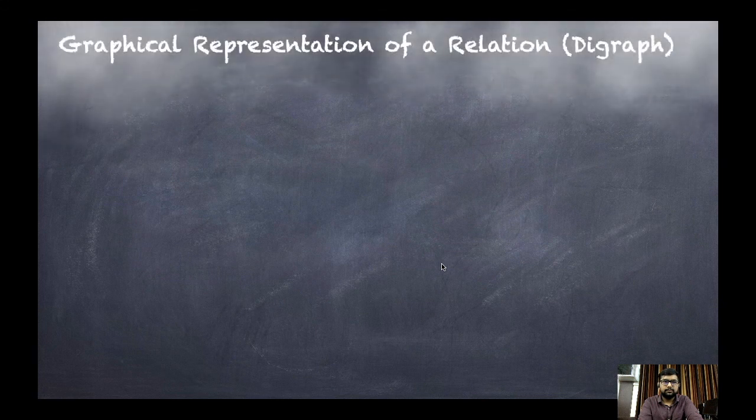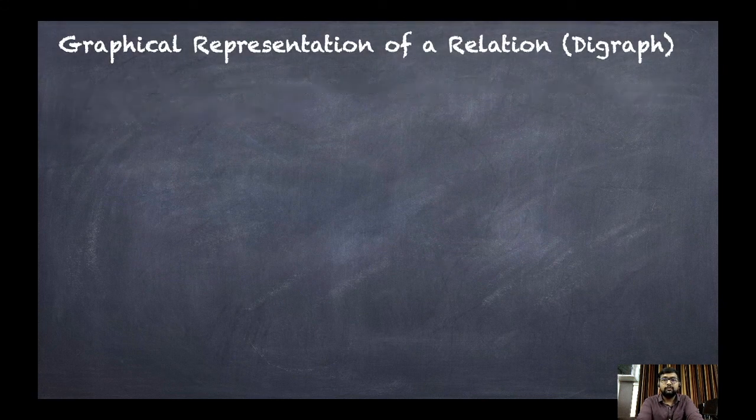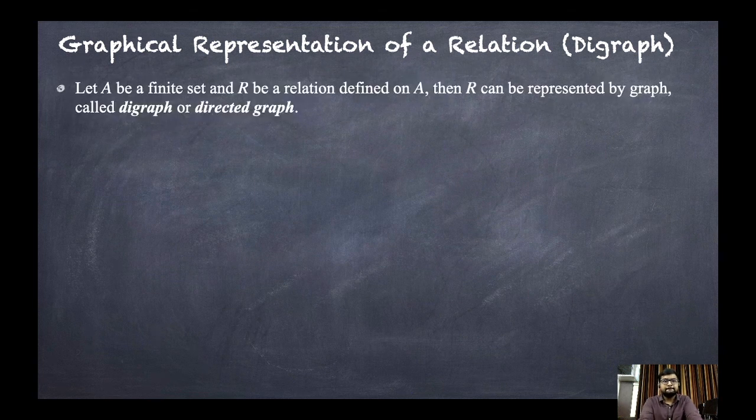Now the graphical representation of a relation is also called a diagram. Let A be a finite set and R be a relation defined on A. And we know what a relation is: it is a subset of A cross A, or simply A square.